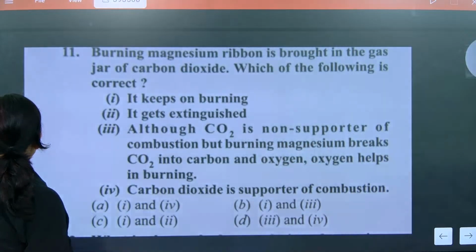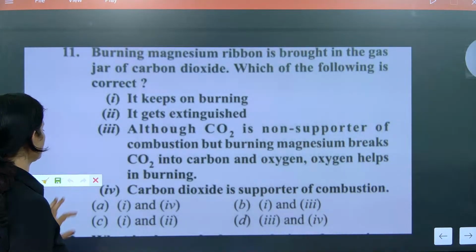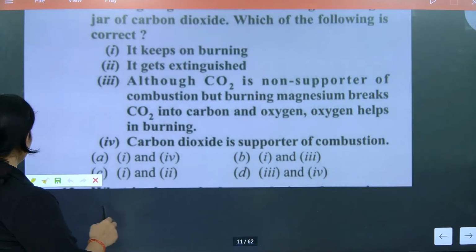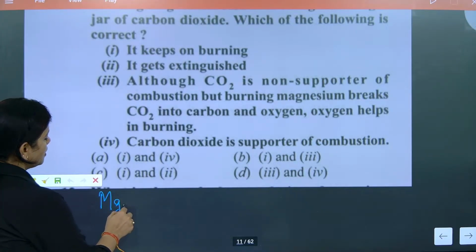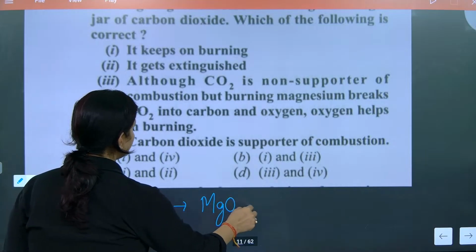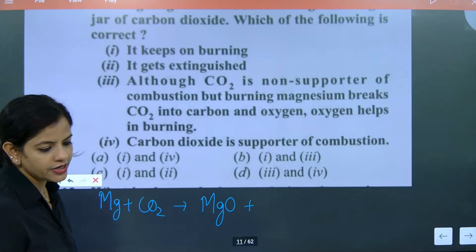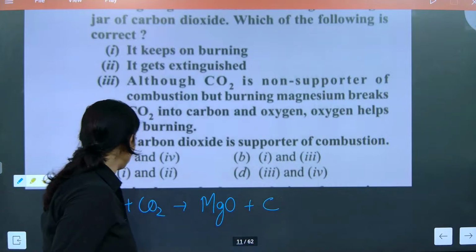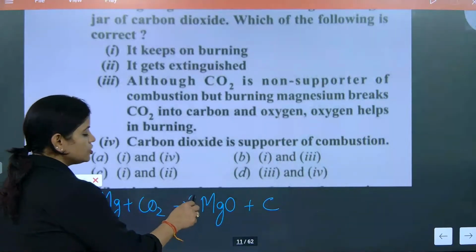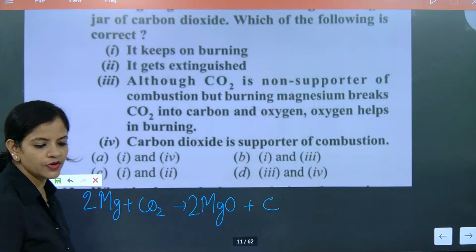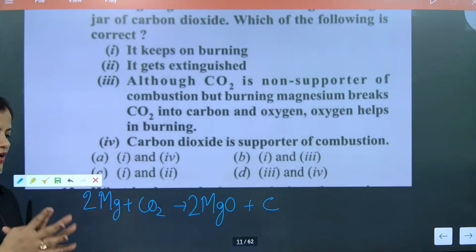When magnesium reacts with carbon dioxide, it will form MgO plus C will be released. Now balance it out. Balancing is in your hand. So here I am balancing it with 2. Now oxygen is 2, magnesium is 2, carbon is 1. That's it, balanced. I hope you have understood the entire process.